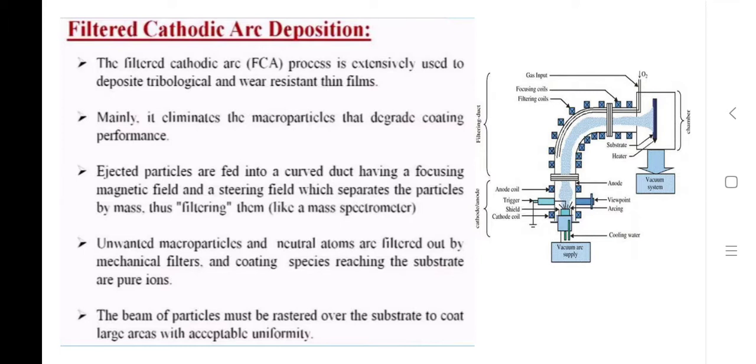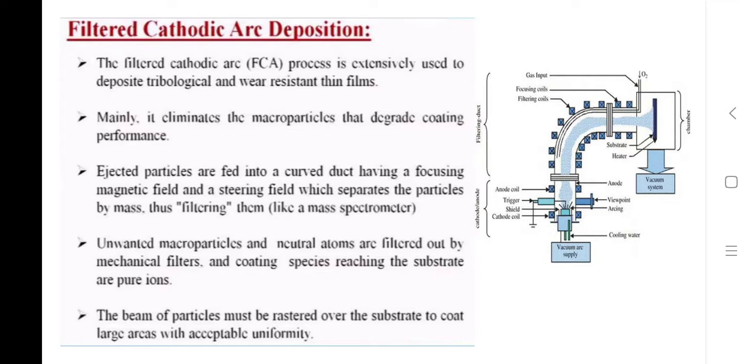Here the ejected particles are fed into the curved duct. We can see in this diagram the duct is there. Through this duct your particles are going, and then falling onto your substrate material. A steering field separates the particles by mass, thus filtering them, like a mass spectrometer.